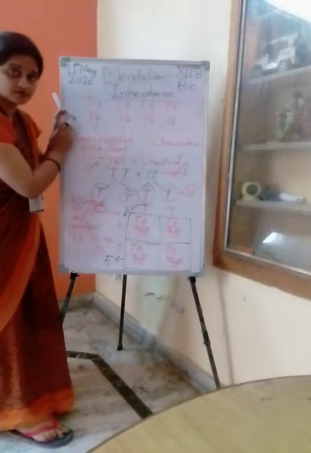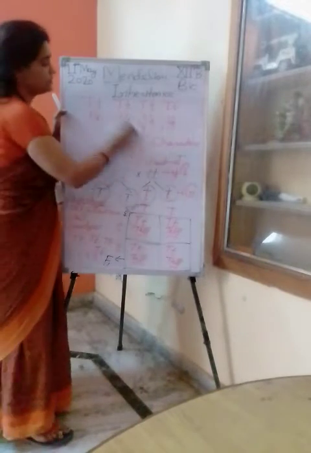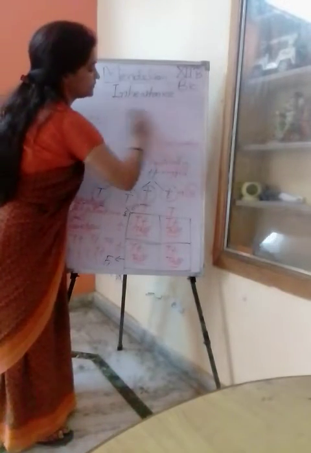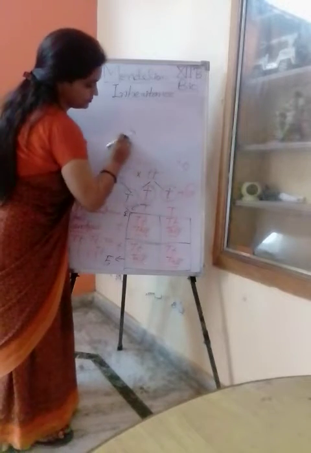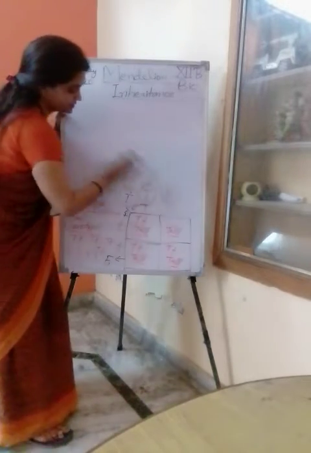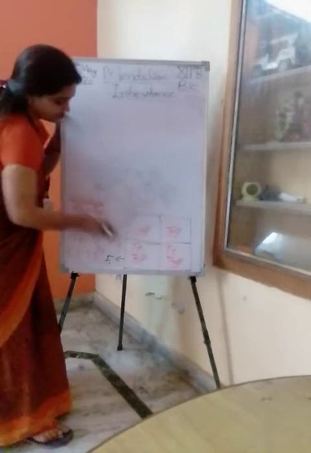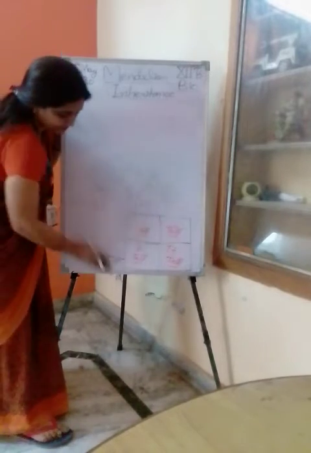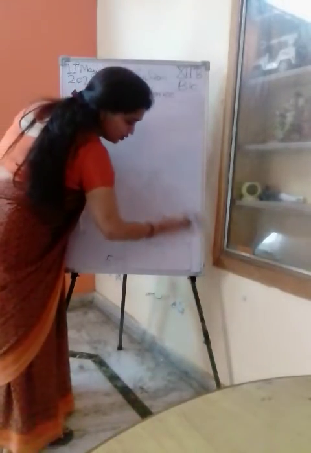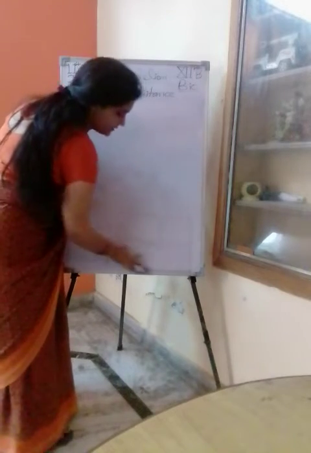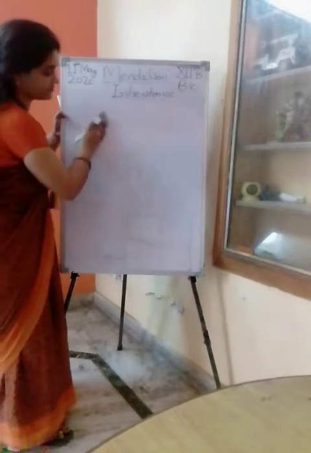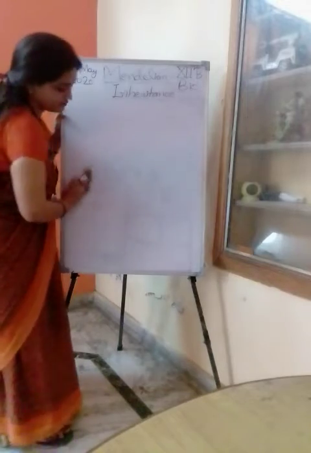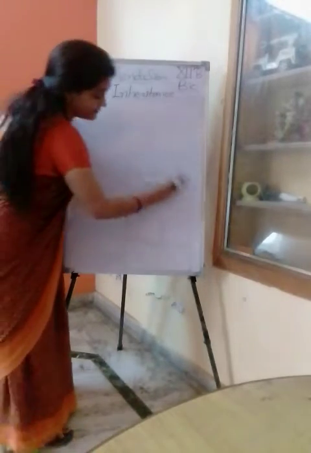Next, the law of segregation. Do you know how to start this law? First of all, we start with the parents' character, the traits, then cross them, and the third step is gametes.